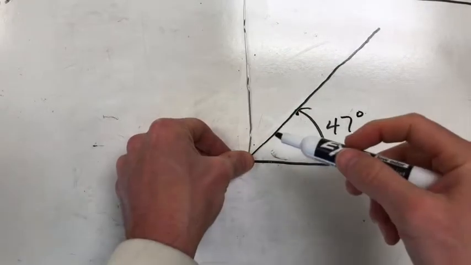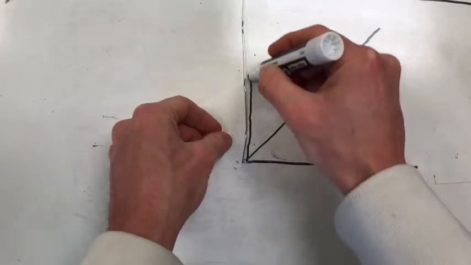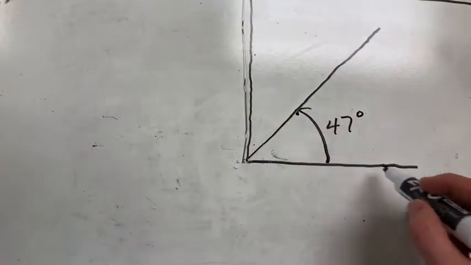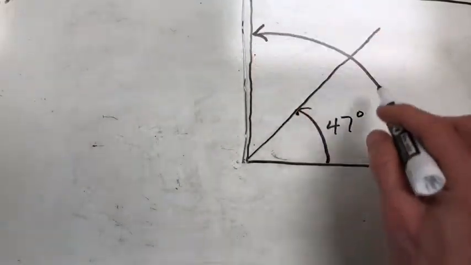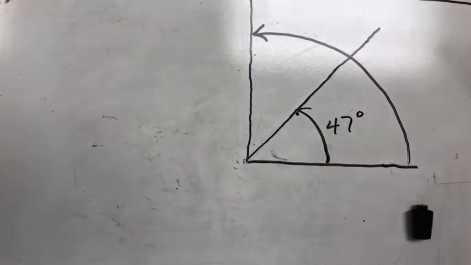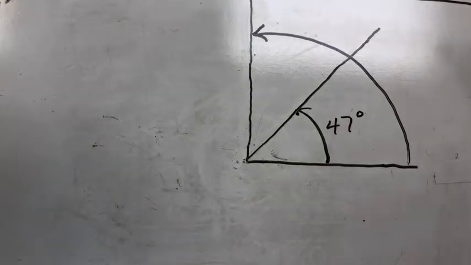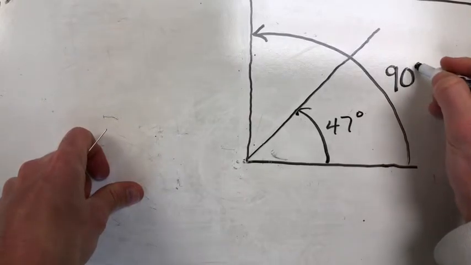And now I want you to estimate. If I go a quarter of the way around, how many rotational degrees would that represent? Pause the video and give an answer. If you said 90 degrees, you got it.